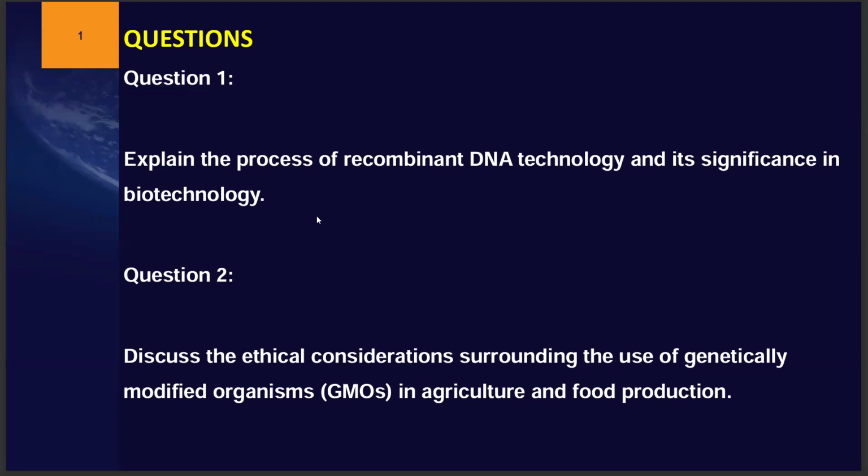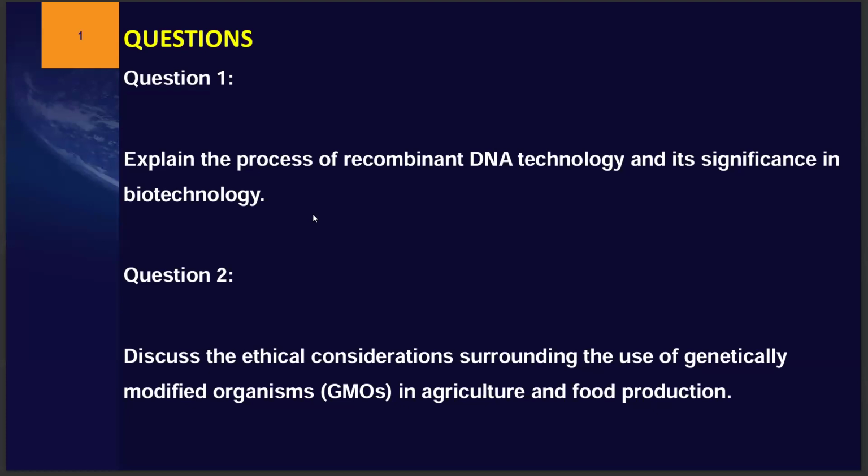Okay, I hope you have understood. Basically, recombinant DNA technology involves manipulation of DNA molecules to create a combination of genetic materials. That is it. It is basically picking a gene from one organism and introducing it into another organism, which is the host organism, and the recombinant DNA molecules are transferred into the host organism.